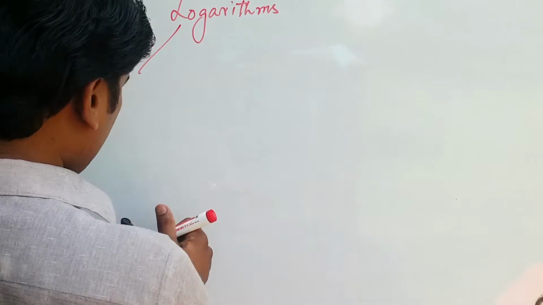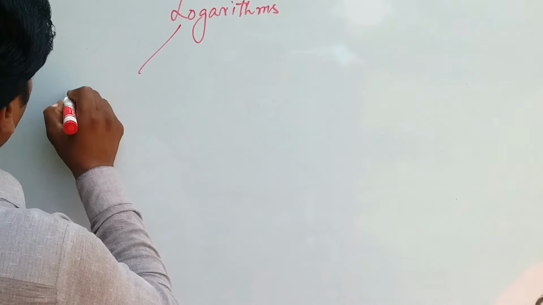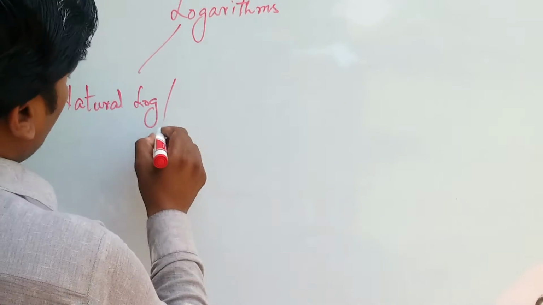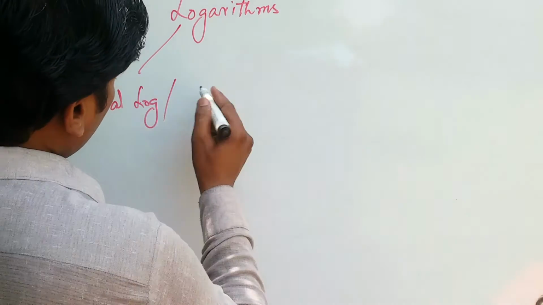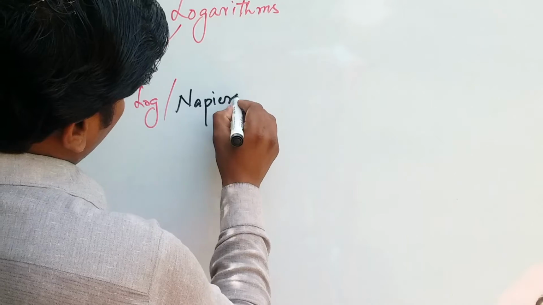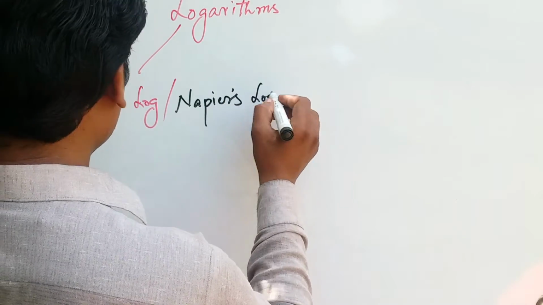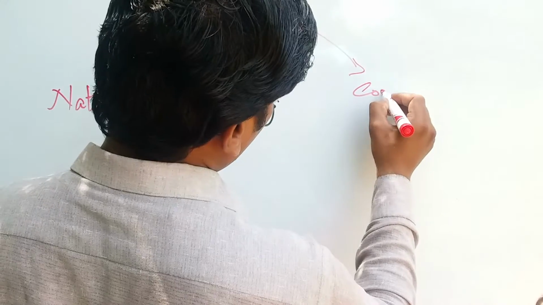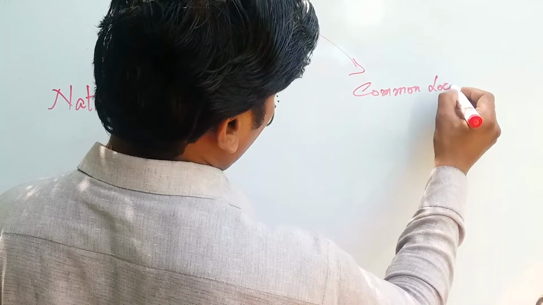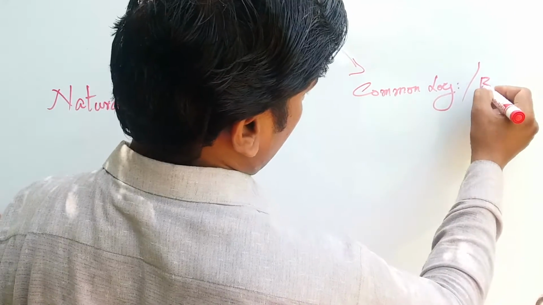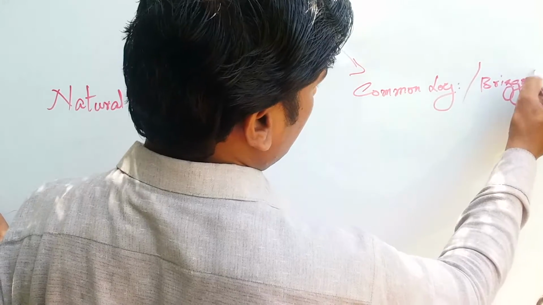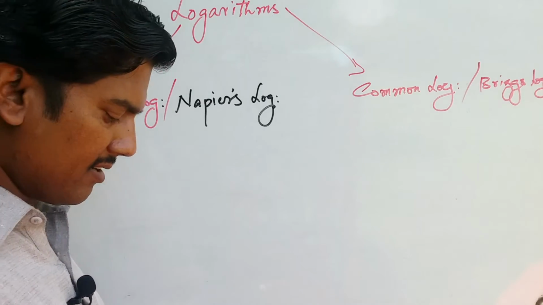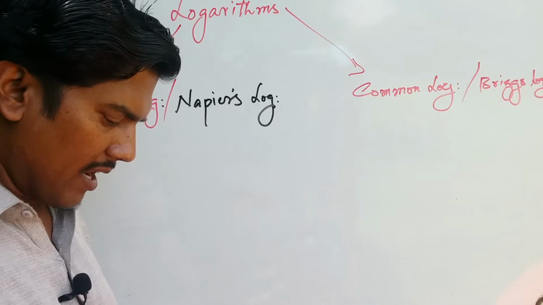One is the natural logarithm, or it is also called Napier's logarithm, and the other is the common logarithm, or it is also called Briggs logarithm, because it was discovered by Henry Briggs, and this was Napier.